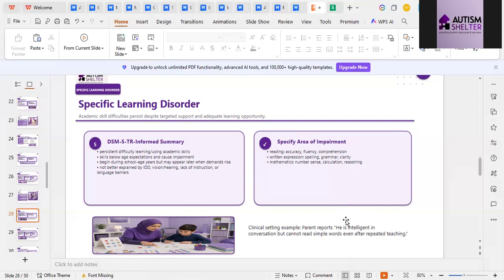Let's go for this. Persistent difficulty learning academic skills, below age expectations or causing impairment, beginning during school age years but may appear later when demands rise, not better explained by IDD, vision, hearing, or lack of instruction. And a very important thing: whenever something comes to you, you have to look at the physiological or medical tests, to check that they are okay. Then reading, writing, and mathematics.